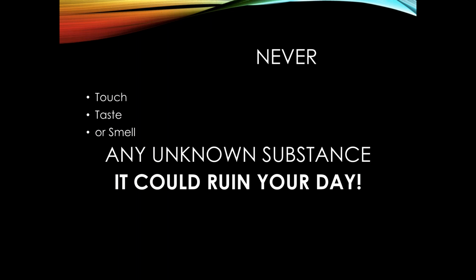If I remember correctly, that's a petroleum product, probably gasoline. So you can see a top number and a bottom number for intermodal hazard identification codes. Remember, never touch, taste, or smell any unknown substance. You can definitely ruin your day.